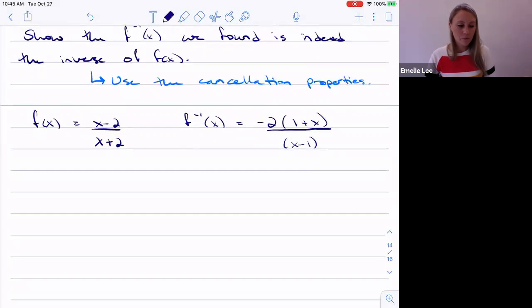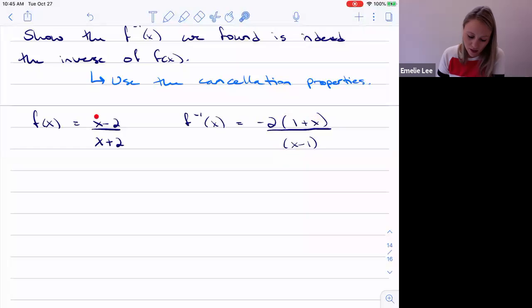So what I have to show is that f composed with the inverse, you can tell this is going to get nasty because I'm going to have to plug this in for each of these x's, has to equal x, so it all has to cancel out to become x. And same thing, f inverse composed with f also has to boil down to make x.